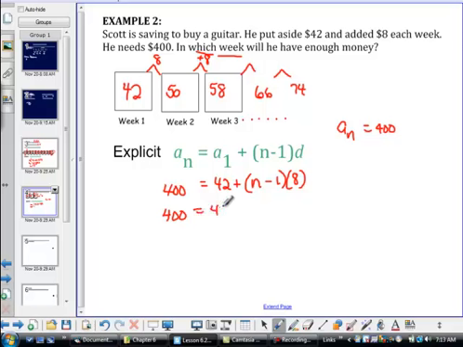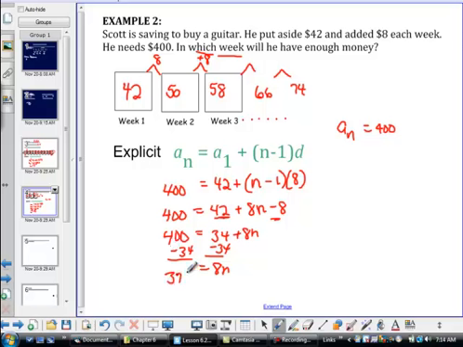400 equals 42 plus 8n minus 8. 400 equals, well, 42 minus 8, we can do that and get 34. Minus 34 brings us 8n over here. Let's see, 400 minus 34, 366.